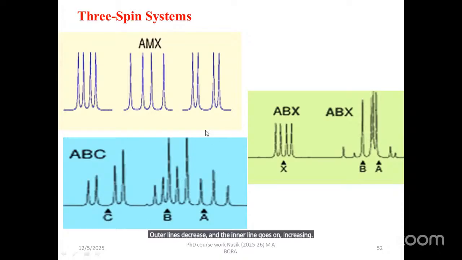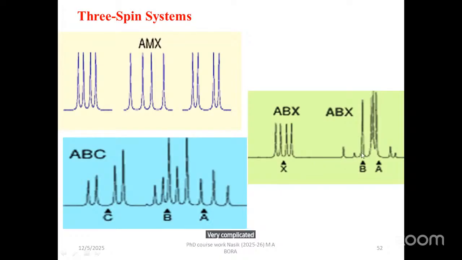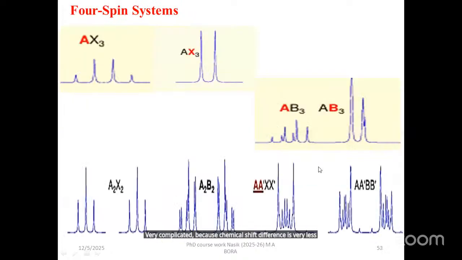This is how the complication of the spectra takes place as per the spin system. See here, the ABX system: the chemical shift of X is very high, so it is a well separated doublet of doublet, but in the AB part the doublet of doublet is not clear, very complicated, because the chemical shift difference between A and B is very small.